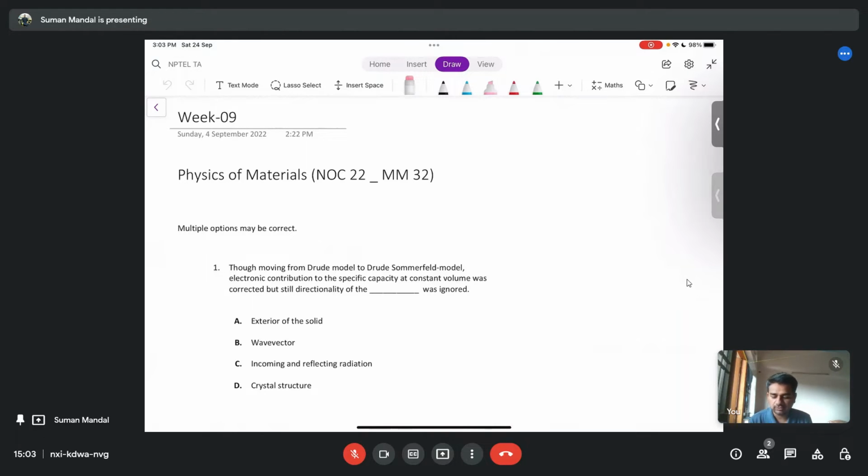This concept will be very important from the next class onwards. We will be discussing how waves interact with periodic potential wells. There's something called the Kronig-Penney model, which we will be discussing. We will explain the observation of band gaps in semiconductors.